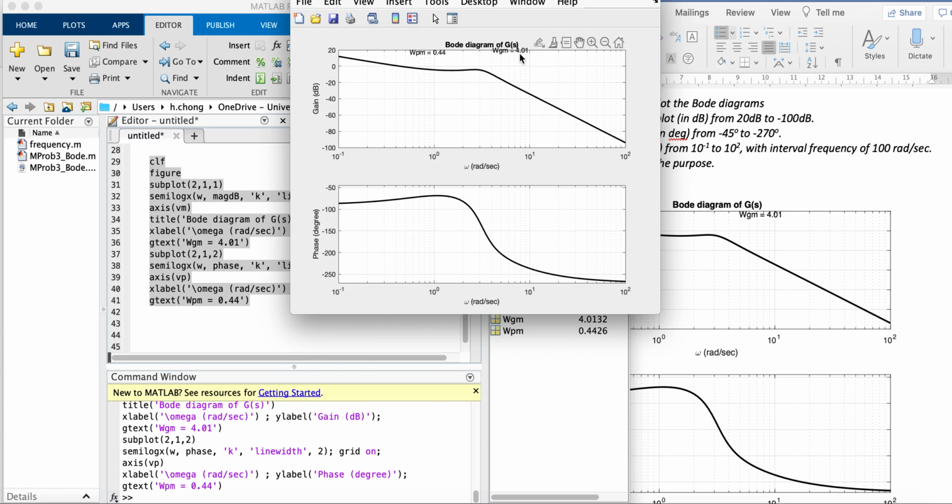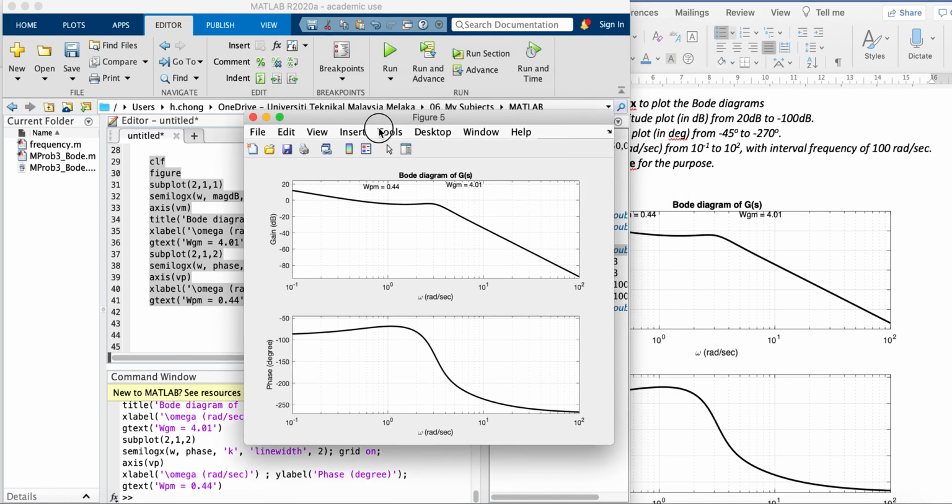Maybe you can try to remove it again and adjust here. Then you have identified omega PM and omega GM on your figure.